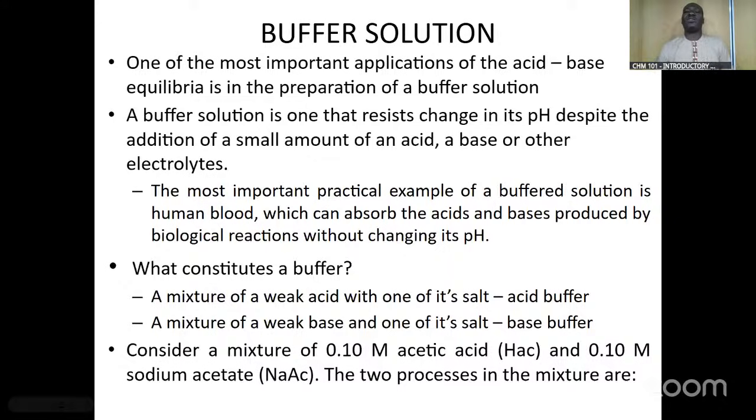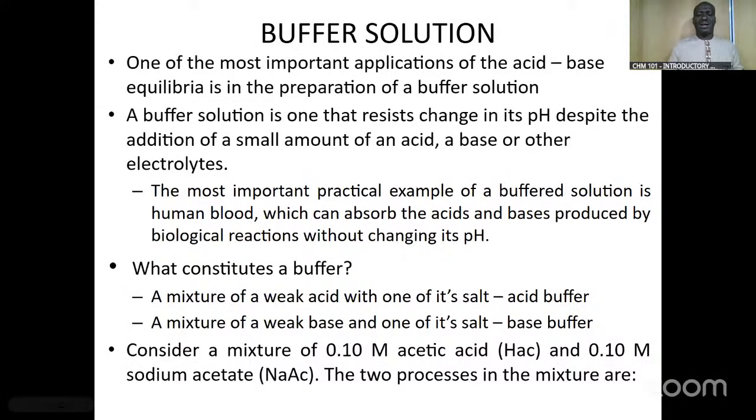You're going to need a lot of preparation of solutions where you want the pH to remain fairly constant for a very long period of time. To keep the pH constant, you need to know the concept of buffer.